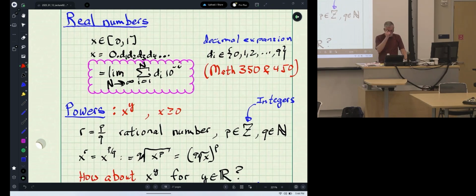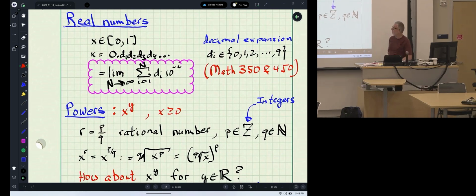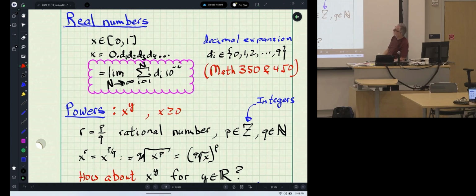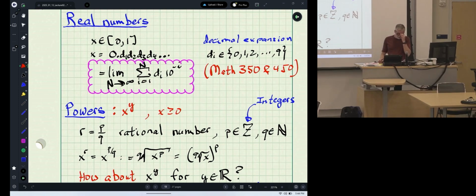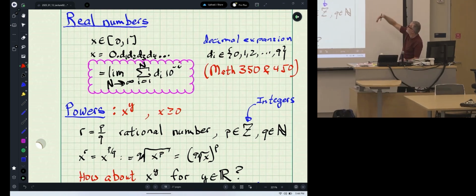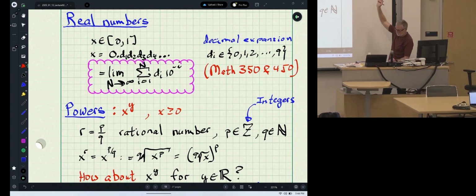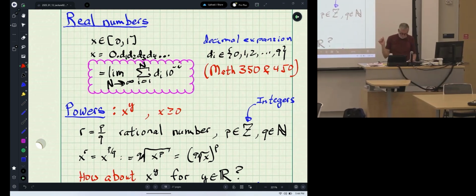So, first thing, real numbers. I'm just going to take x that's in the interval 0, 1 and do a decimal expansion of it. So d1 is the first digit, d2 is the second digit, d3 is the third digit, etc. And the digits are chosen from the numbers 0 through 9. Okay?